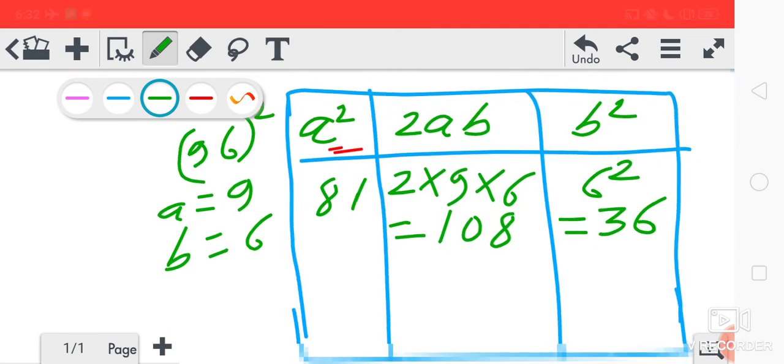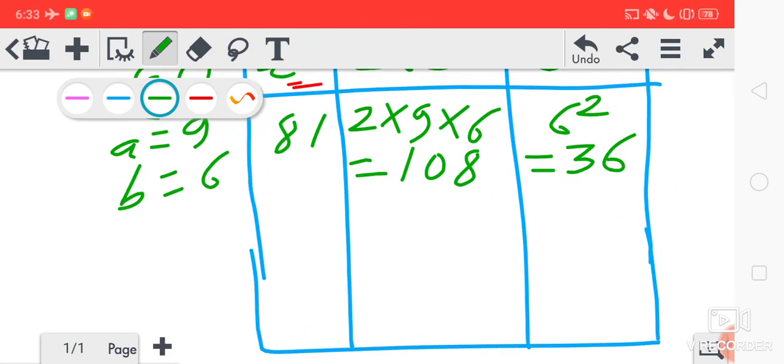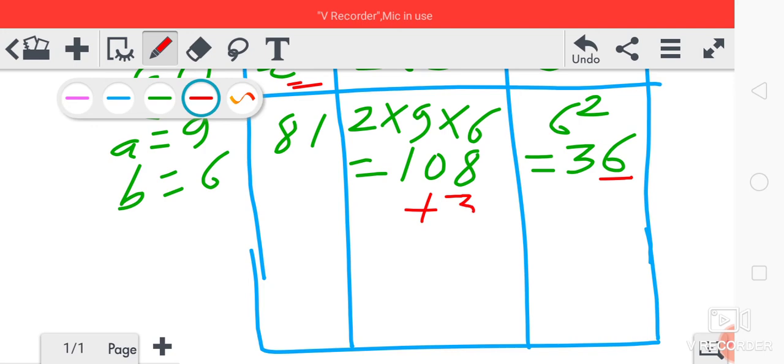Now what do we have to do? Now as I told you, the last digit will be underlined, and the remaining one we have to add here. So I am going to add the remaining part here. What remained here? 3.